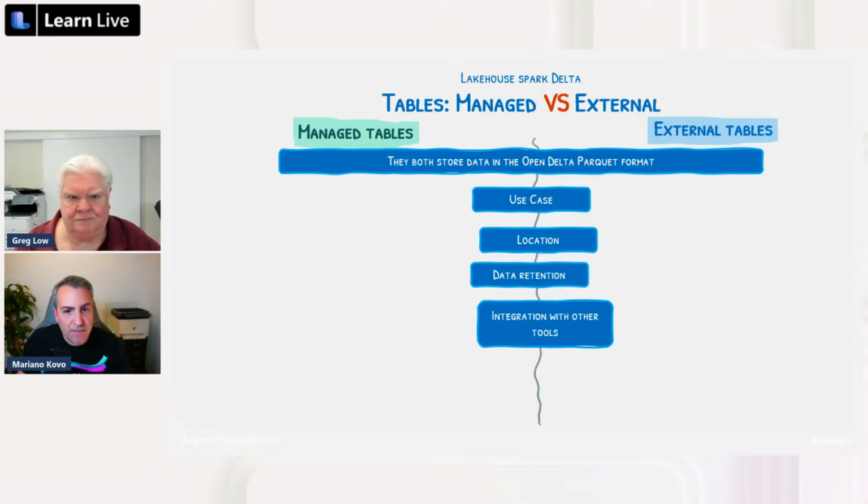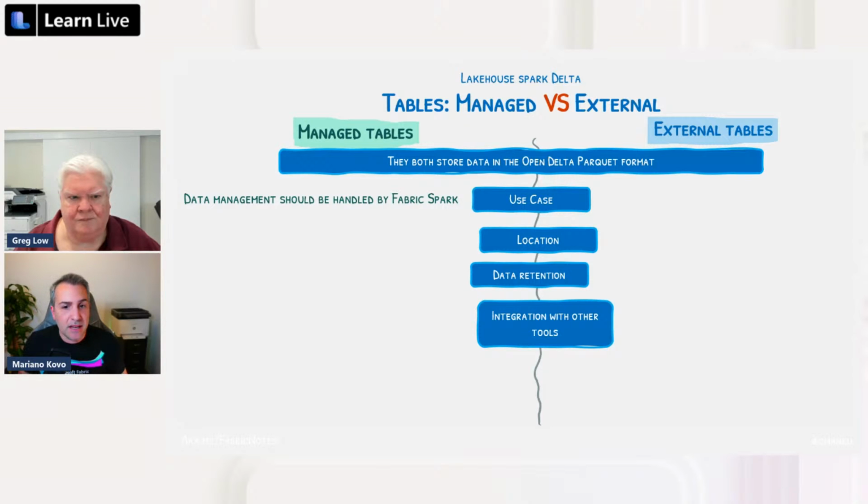So you can have two types of tables when you create tables on Fabric. The ones that are called managed tables and the non-managed or external tables. They are both stored in the same open Delta Parquet format, but they have a couple of differences, okay?